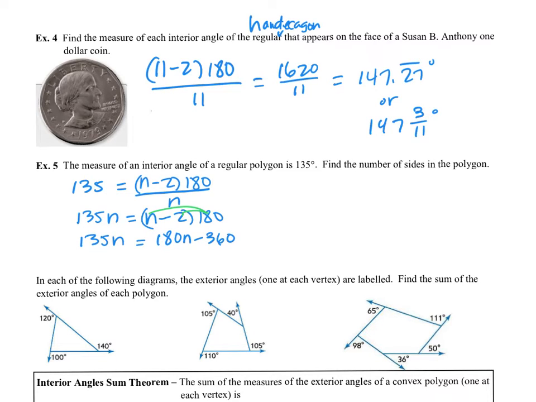We've got an n term on both sides, so let's subtract 180n from both sides. When we do, we get negative 45n is equal to negative 360. Let's divide both sides by negative 45, and our answer turns out to be n is 8 sides.